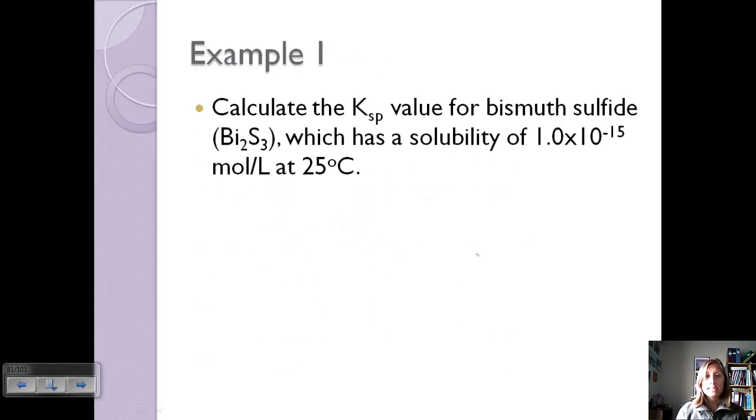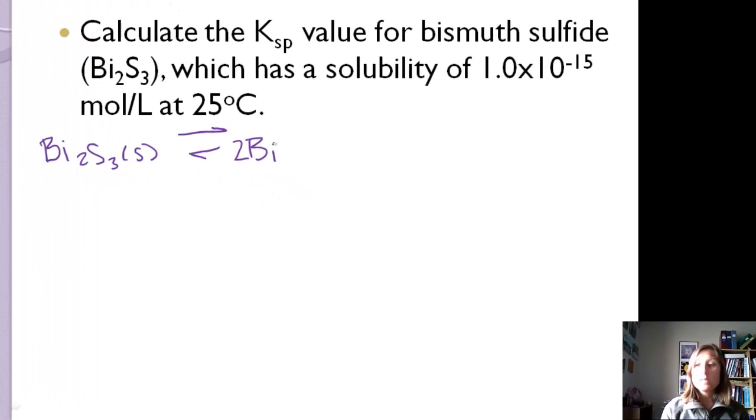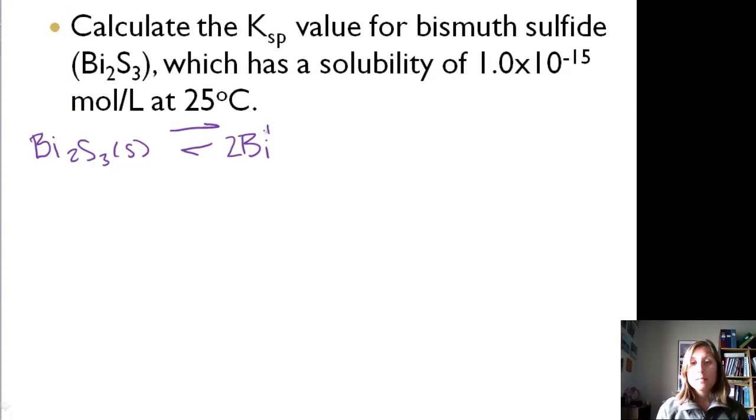So let's look at an example. Let's calculate the solubility product for bismuth sulfide, which has a solubility of 1 times 10 to the negative 15. Okay, so the first thing we want to do is write our reaction. So we're going to have our bismuth sulfide, and it's going to break up into 2 bismuth ions, aqueous, and 3 sulfide ions.